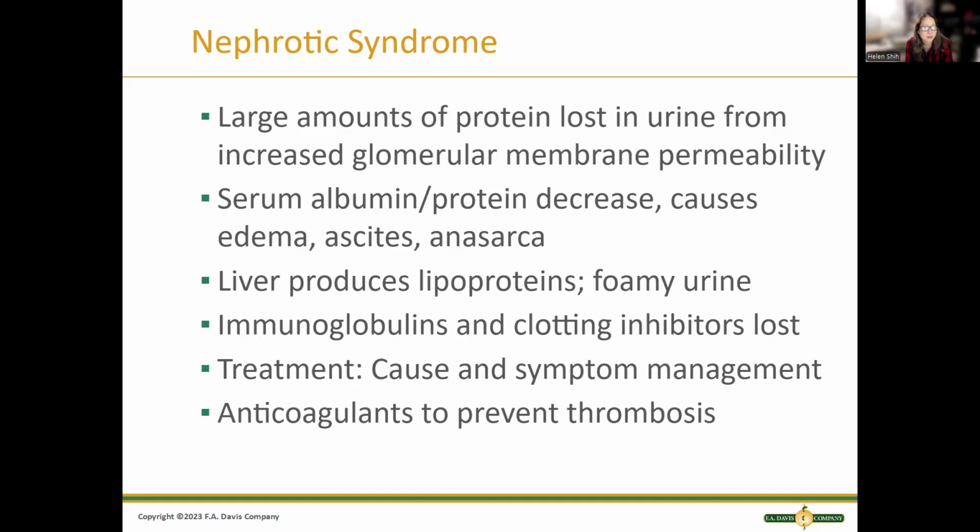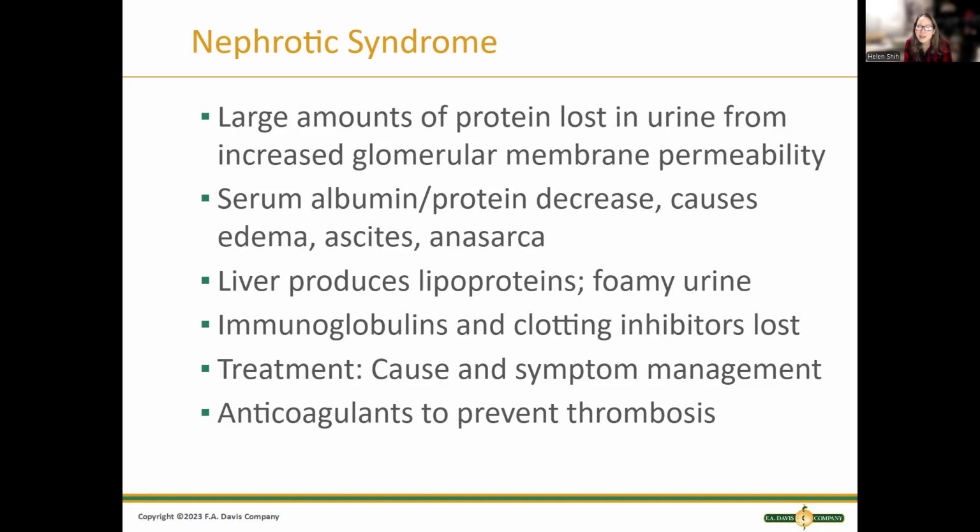So nephrotic syndrome is generally a form of kidney disorder and generally doesn't happen on its own. It generally happens as a complication from another kidney disease process. And we may give them anticoagulants to prevent the formation of thrombosis. The reason for that is because clotting inhibitors prevent the formation of clots.